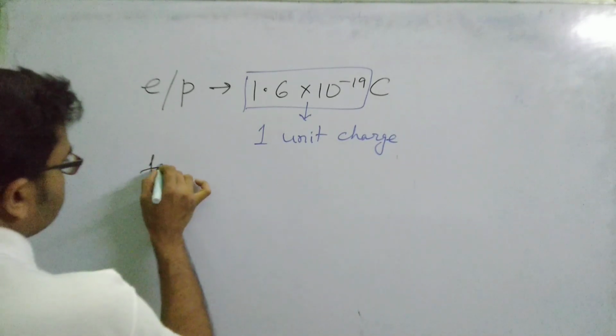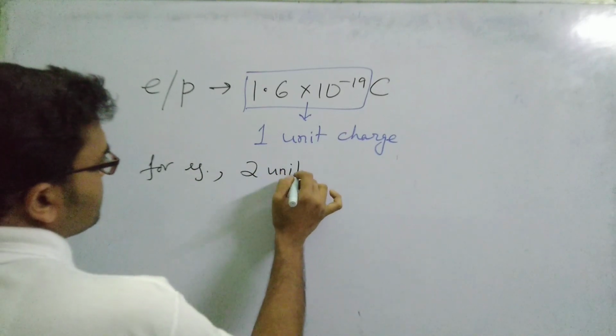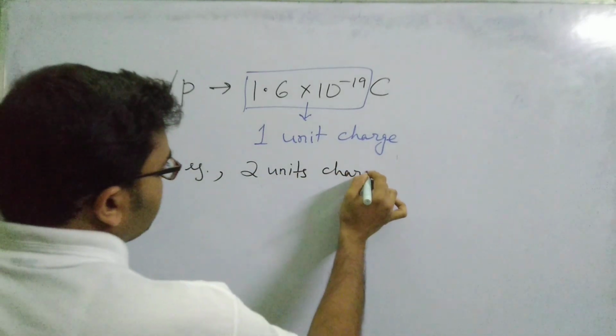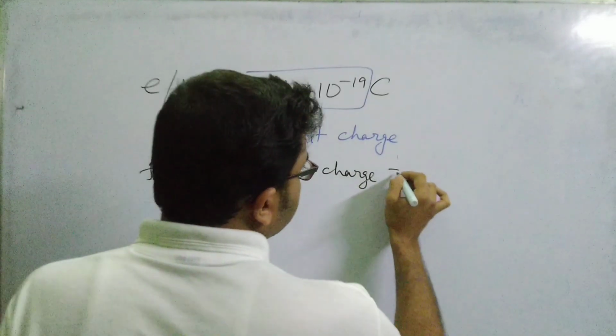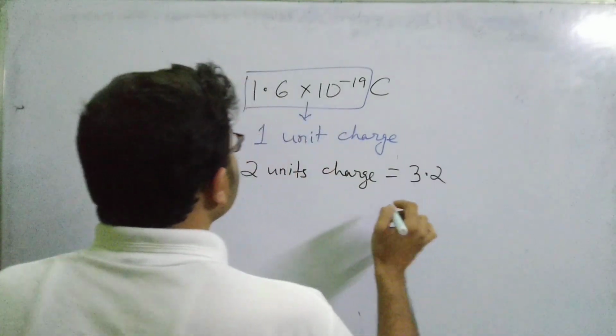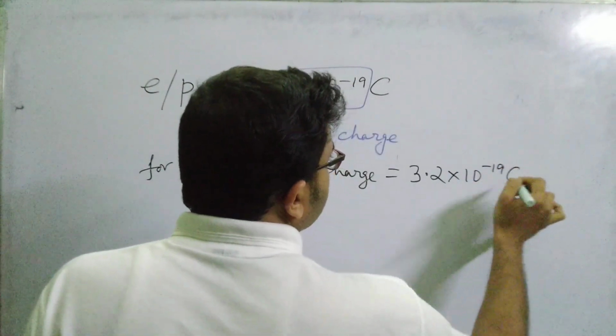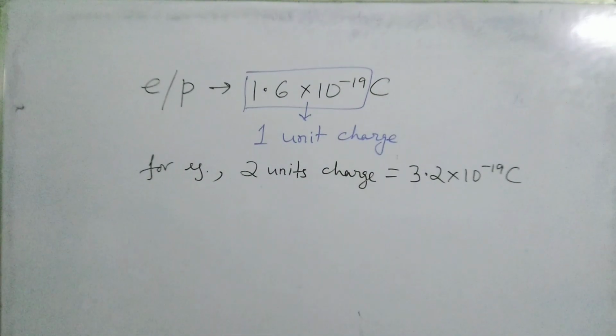For example, 2 units charge means the value of charge on that particular matter or object or body is 3.2. Why 3.2? 2 into 1.6, 3.2 into 10 to the power minus 19 coulomb. So this is the basic unit of charge, 1.6 into 10 to the power minus 19 coulomb.